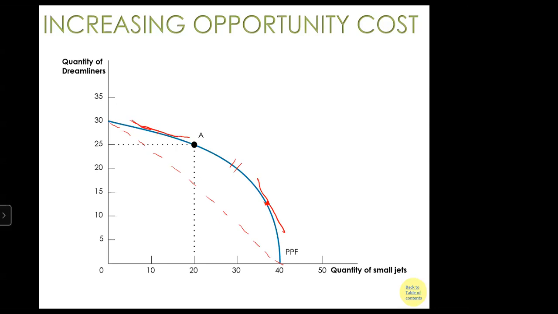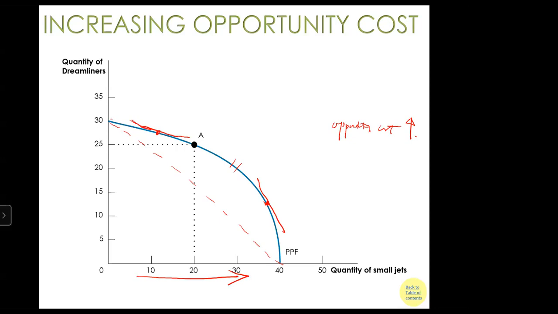And actually, the slope of this curve gives us the opportunity cost. So now the curve becomes steeper and steeper, meaning the opportunity cost will increase, particularly as we move in this direction.